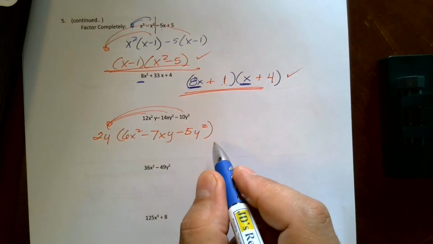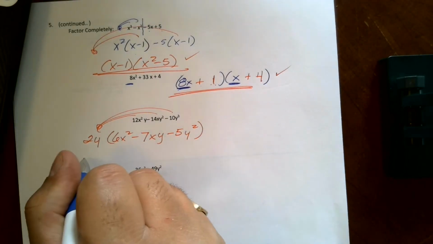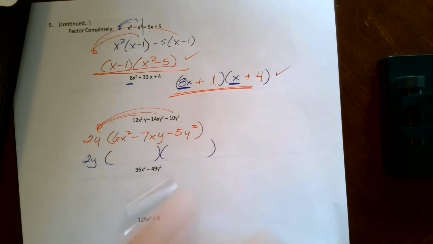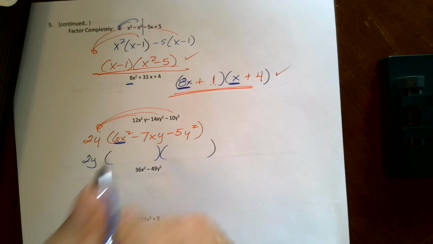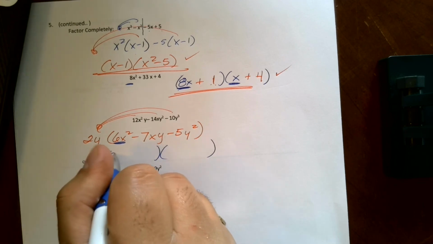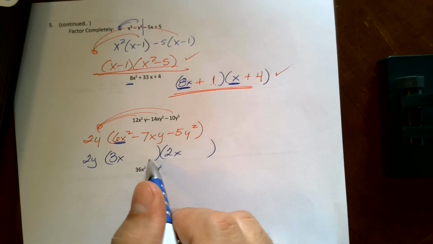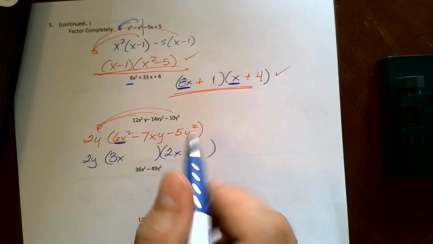This could be factored further. So I'm still going to have my GCF of 2y, and then 6x squared. I could use 6 and 1 or 3 and 2. I'm going to try 3x and 2x. And over here, what I put here and here has to give me 5y squared.